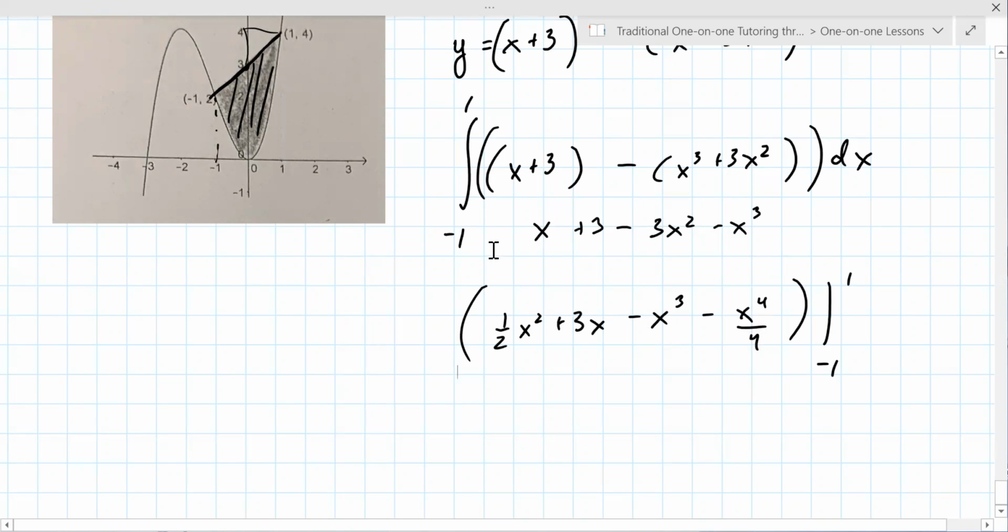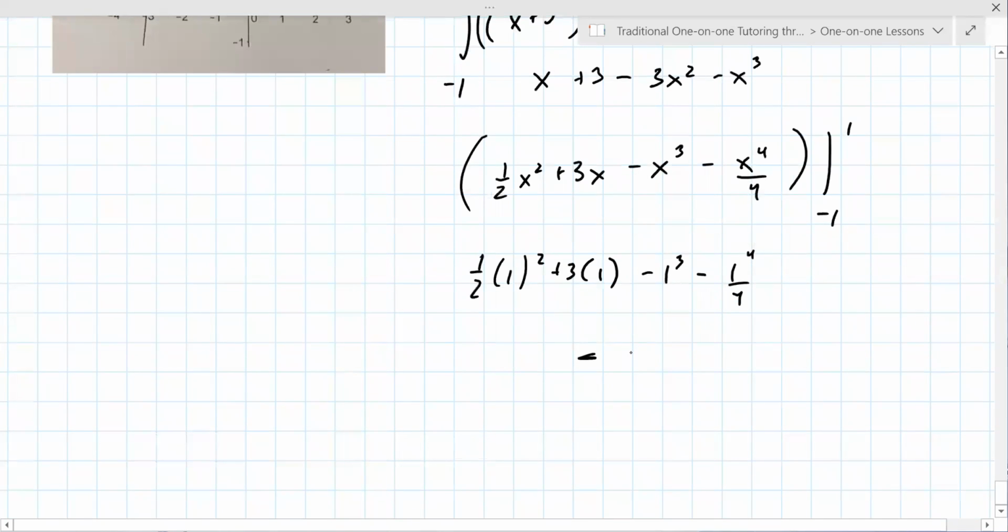I don't know how you're supposed to know to do this, because this comes a little later in this course, but anyway. When you put 1 in, it's 1/2 times 1 squared plus 3 times 1 minus 1 cubed minus 1 to the 4th over 4.